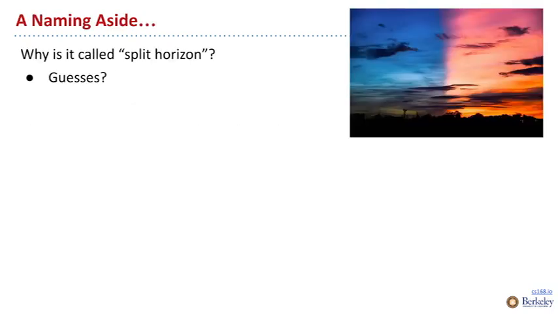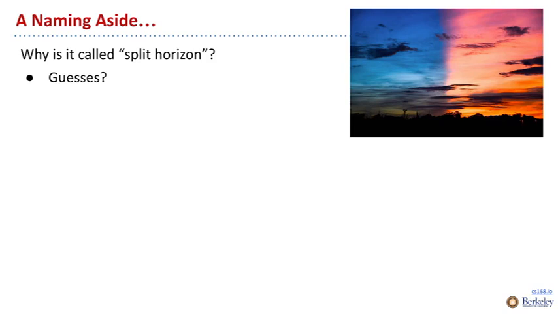Okay, fun aside, can anyone guess why it's called split horizon? I was able to find this kind of cool picture of an actual split horizon on Reddit. And Reddit has everything. Okay.